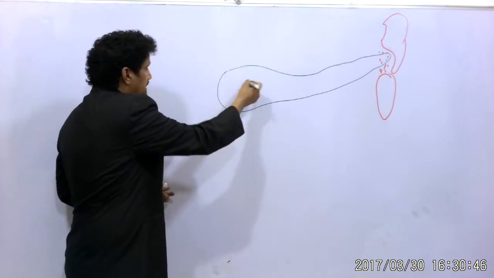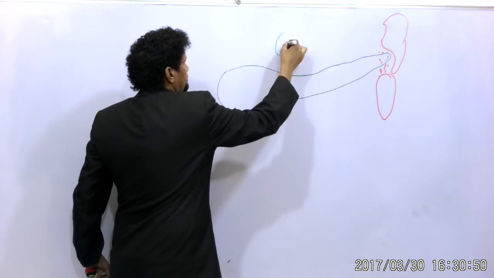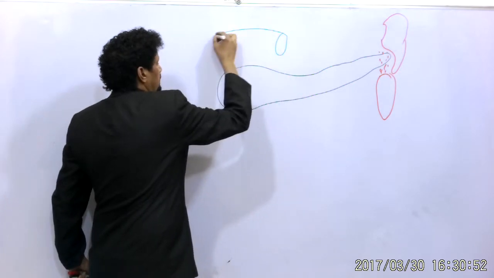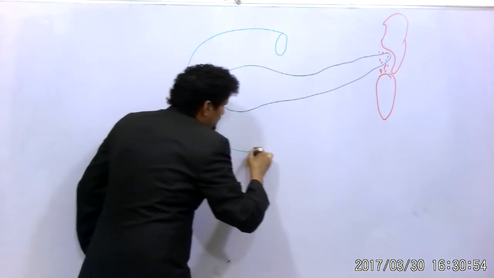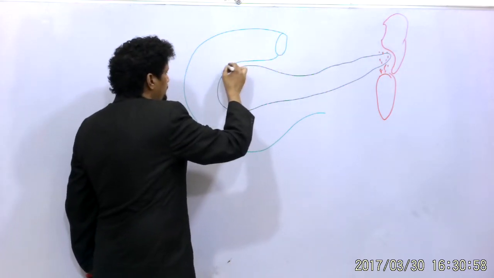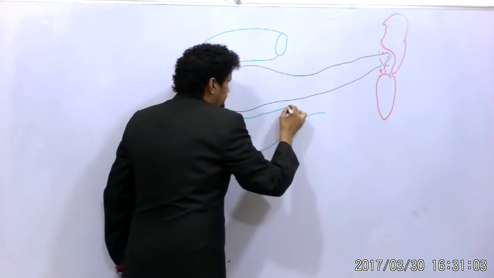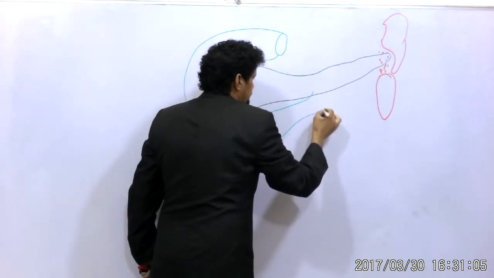This head and neck is surrounded by the first part, second part and third part of the duodenum.